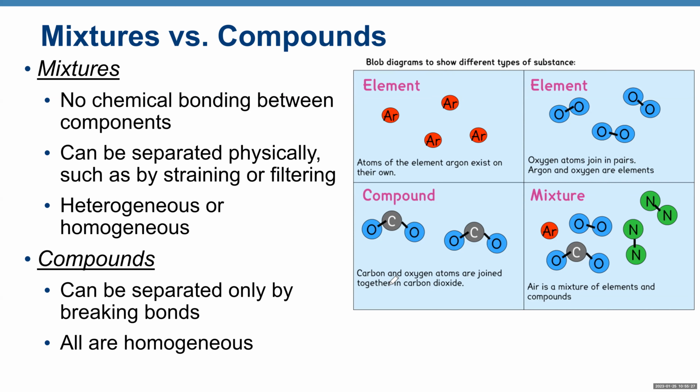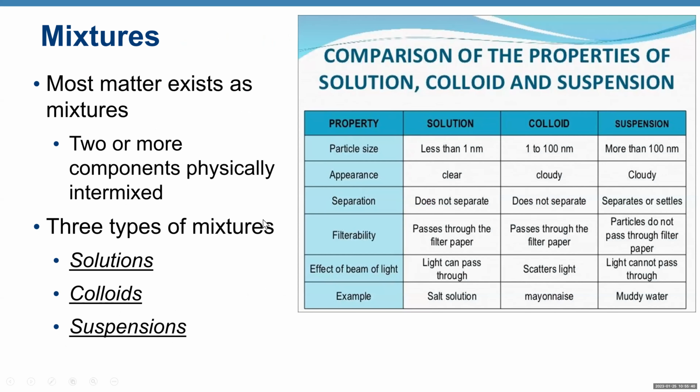For example, carbon and oxygen atoms are joined together in carbon dioxide. So that makes a compound.